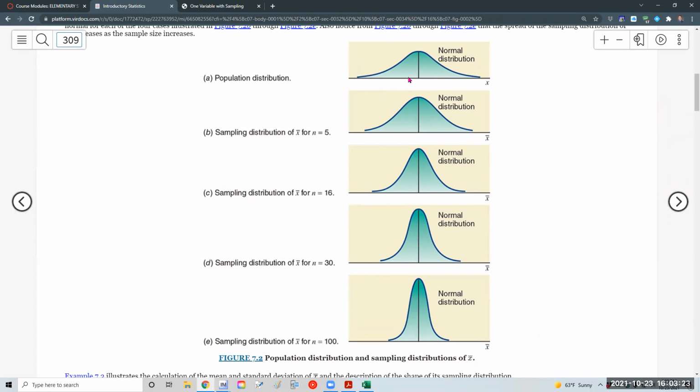And you can see that all four of the graphs will be centered at the same place, mu, along the x-axis. But the standard deviations are going to be different, as depicted by the different amount of spread in each figure. And you can also see that as the sample size increases, the normal distribution describing the sampling distribution gets smaller and more narrowly centered around the population mean.